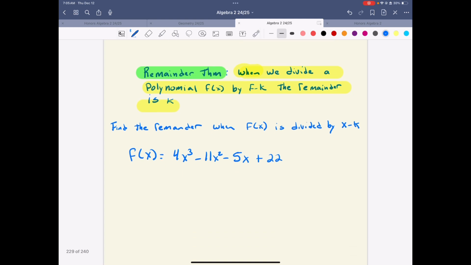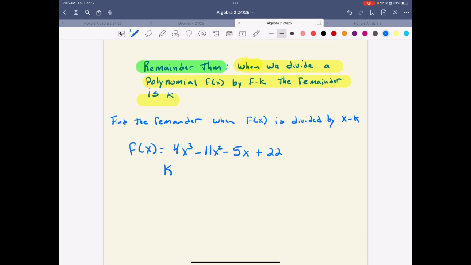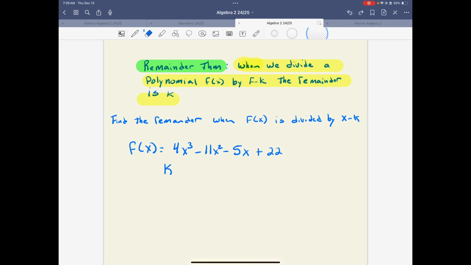So we're given this, but now we're going to be given that our x value, or our k value, is equal to -1. So they're telling us that our divisor, we've already got it. In this case, our divisor would have been x plus 1. If you think about this, x plus 1 is equal to 0, so then x is equal to -1, and that's kind of the reason that all this works.